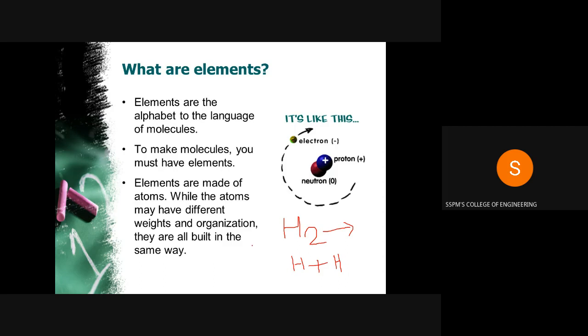Molecule is different and atom is different. A molecule is made up of a combination of atoms. These are related concepts. A CO2 molecule consists of three atoms, one carbon atom and two oxygen atoms. Then the water molecule also consists of three atoms, one oxygen and two hydrogen atoms. So atoms, molecules and elements are related concepts. A molecule is made up of atoms.